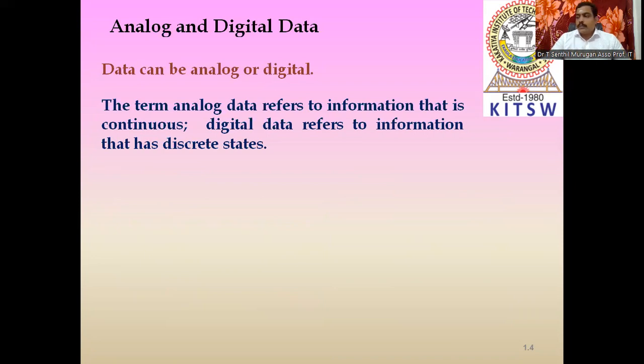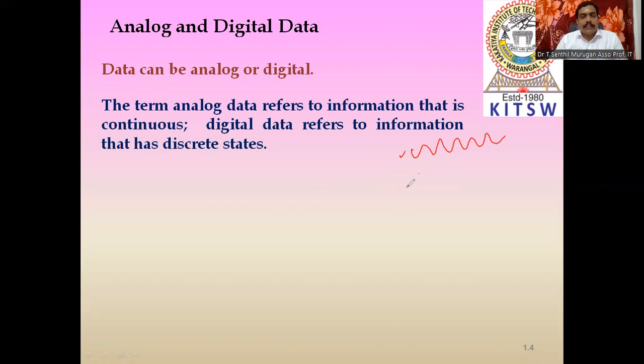Okay. So here, how can we say that? If the data is continuous, for example, we don't know where it will end. It's going like this. This is the analog data. Continuous data means continuously it is there.